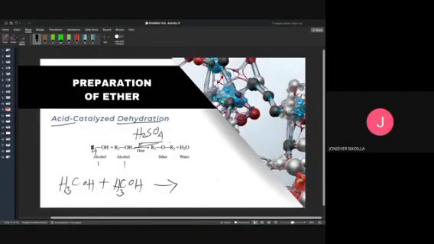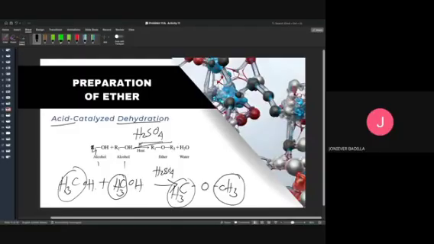That would be your sulfuric acid. So in the presence already of your sulfuric acid, it is possible for us to recover already your dimethyl ether. So where did the CH3 come from? It came from your methanol. The other CH3 came from your methanol.